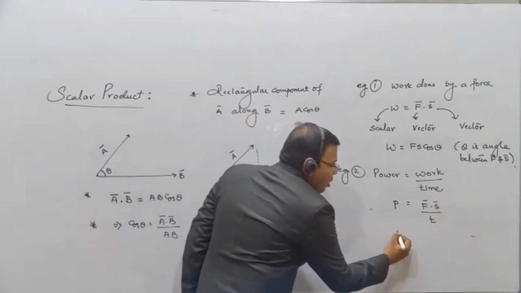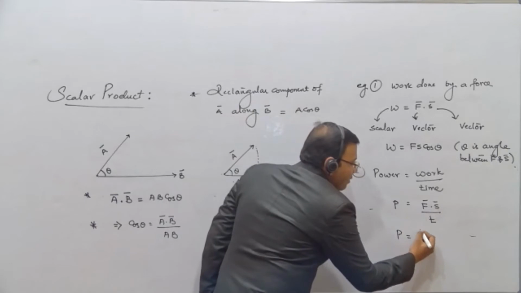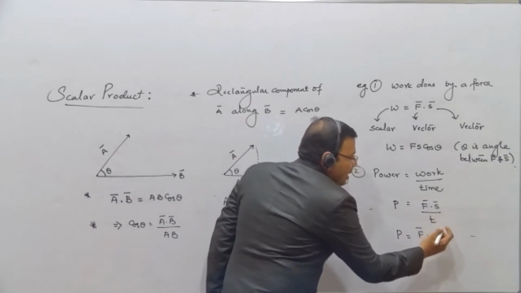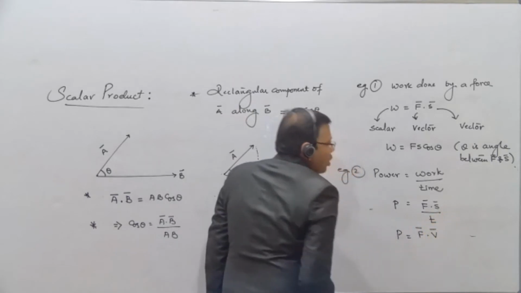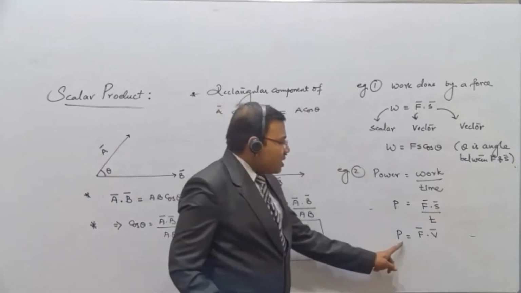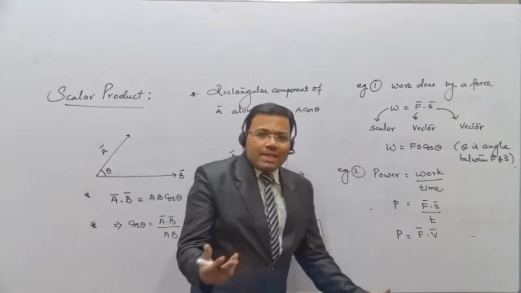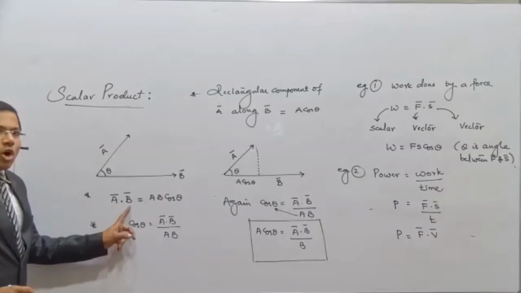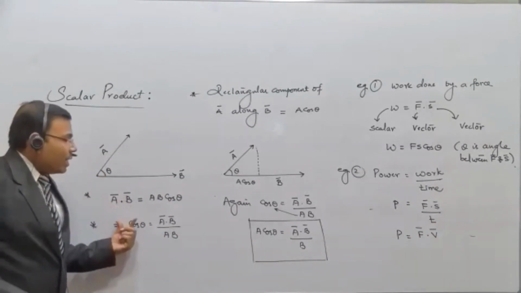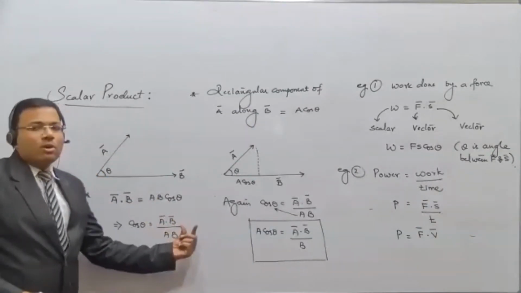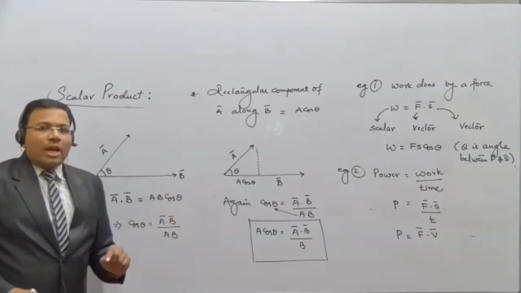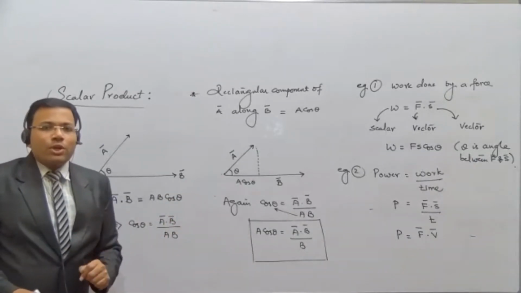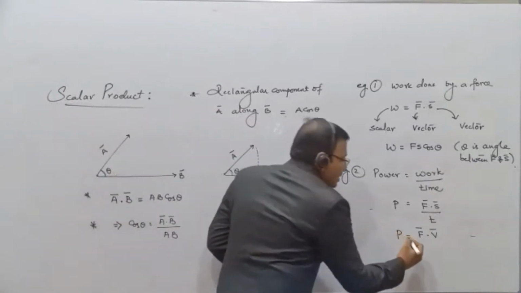Therefore the formula for power is F dot displacement by time, that is velocity. So this is F dot V. It is the same as A dot B. So what do we write for A dot B? AB cos theta. In the same way, F dot V, what are we going to write? FV cos theta.